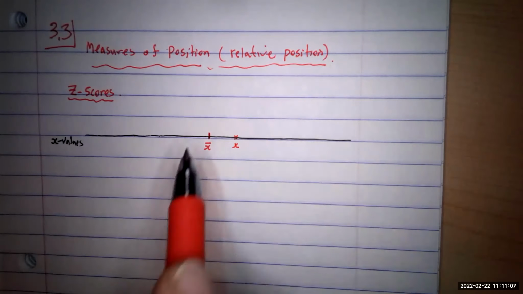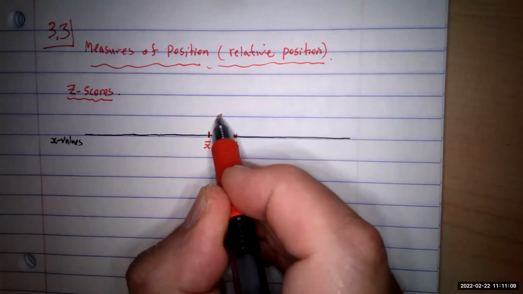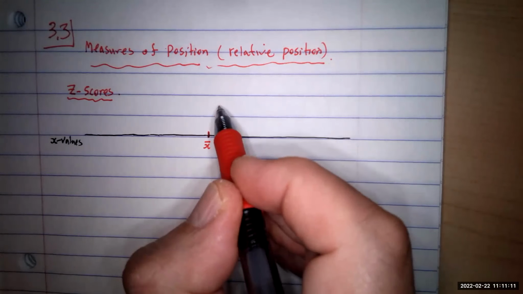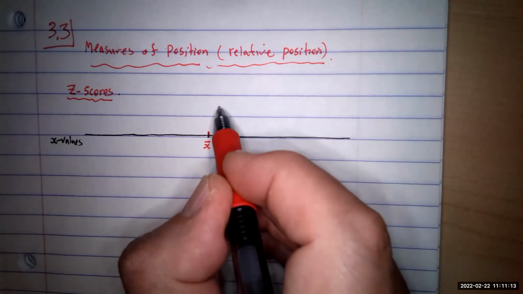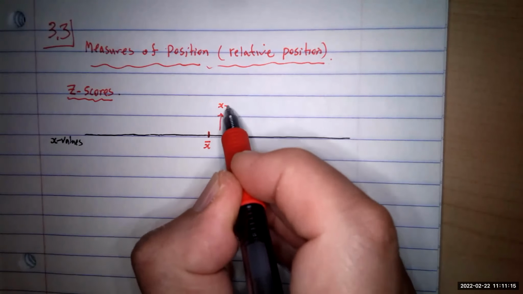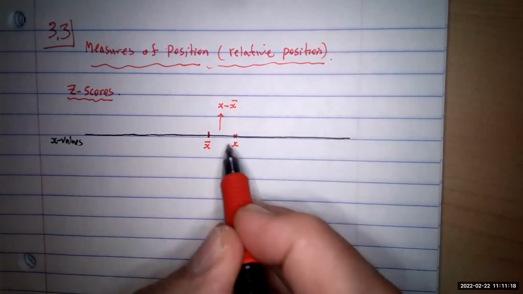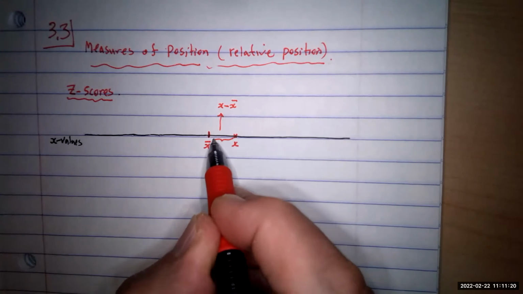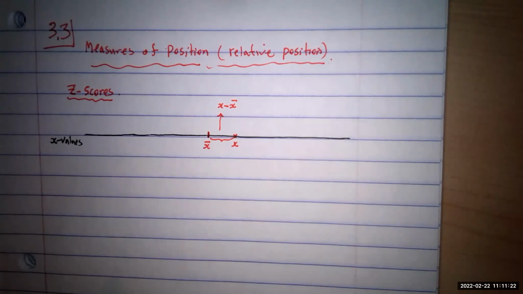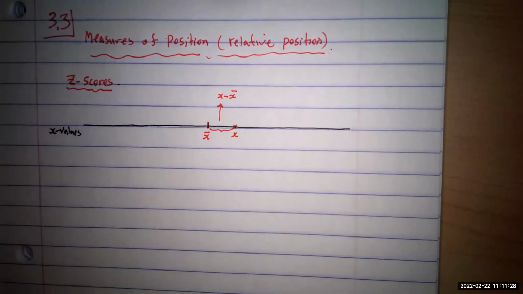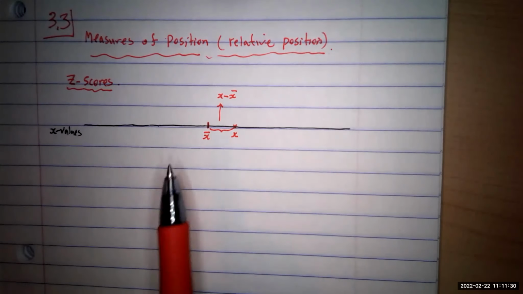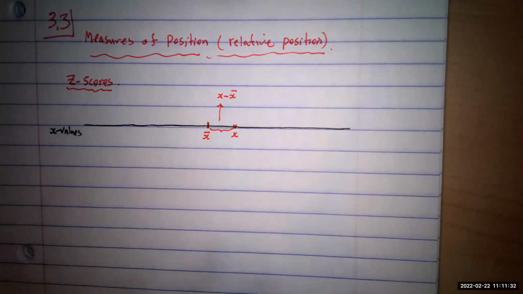Remember, this deviation from the center is the one we call x minus x bar. So this portion is going to be x minus x bar. That would be my deviation from the center. You can measure it, if you like, say x minus x bar is equal to 2, 4, 5, 6. That gives you a number.